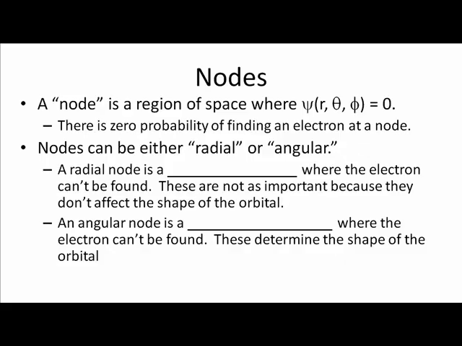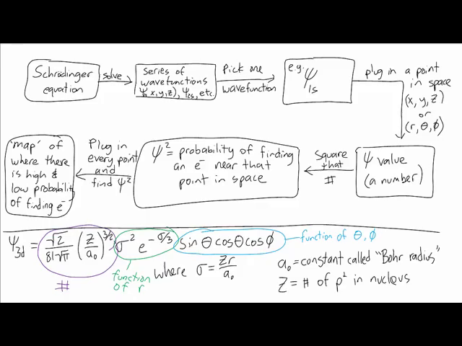So when we talk about the shapes of those clouds, one thing that kind of defines the shape, I showed you an example yesterday of a wave function, a really complicated looking one. This one down here is the wave function for a 3D XY orbital.